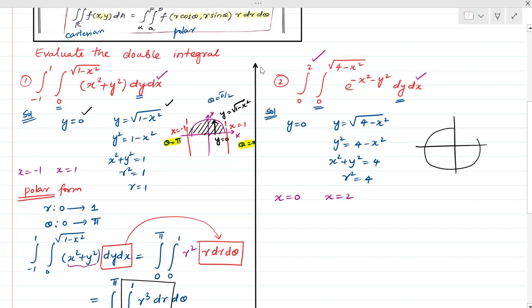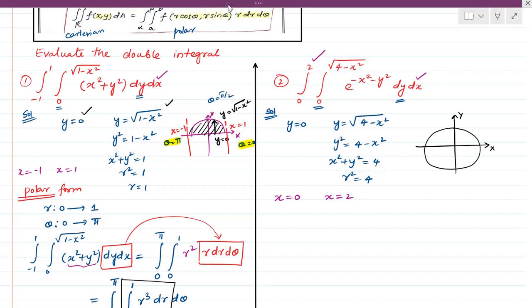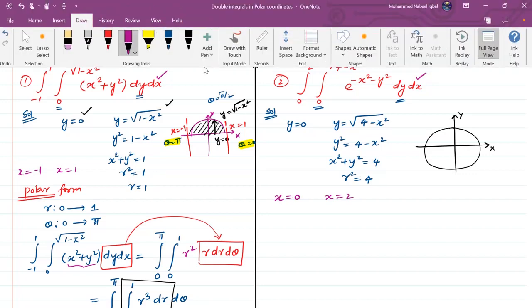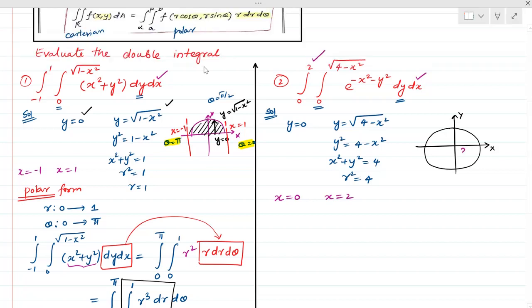So you have a circle, with the x-axis and y-axis. This one is the line x equals 0, and this one is x equals 2, and I will draw the line vertical.